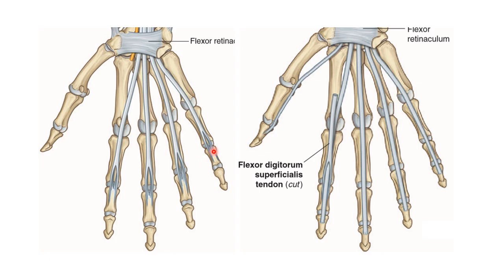So superficialis inserts into the middle phalanges, while the profundus reaches the distal phalanges. This is why I need an opening for the profundus to pass through and reach the distal phalanges.